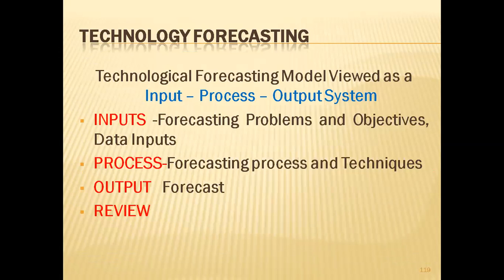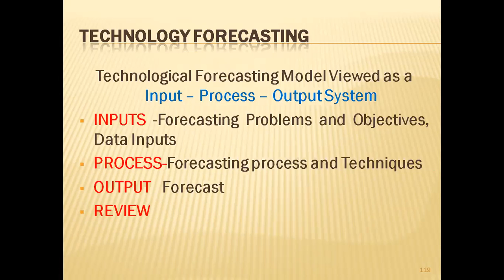For every forecast, we need to have a model. A model should basically consist of an input and an output. Output is the forecast, what you're expecting. Input is the data. Forecasting is something we can say is based only on data. Data science, as I said, the future belongs to data.